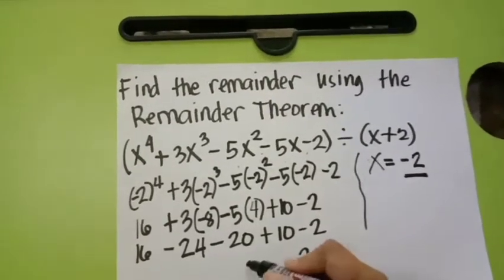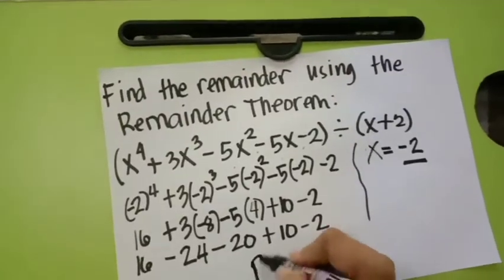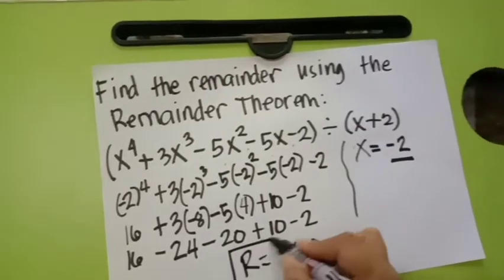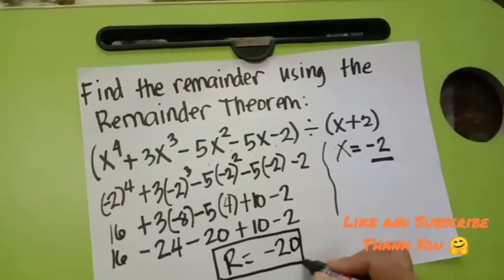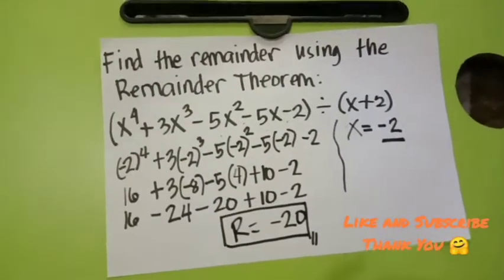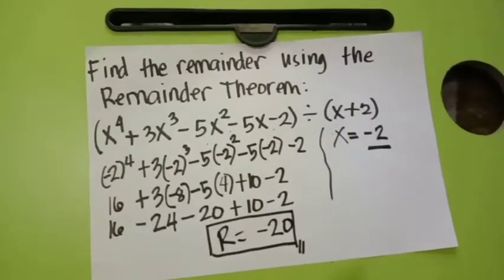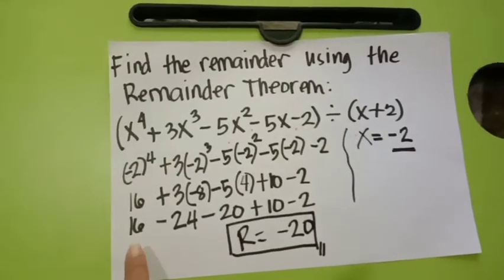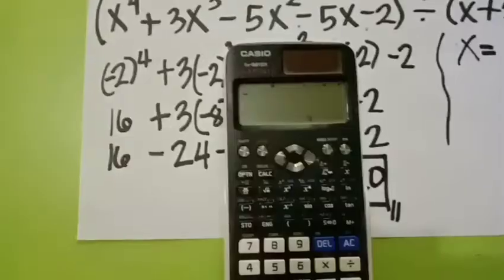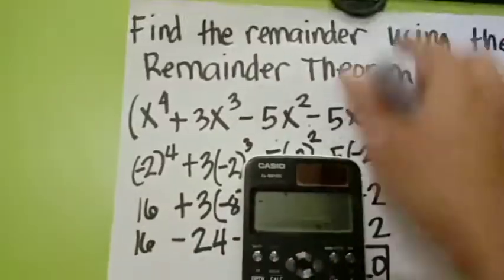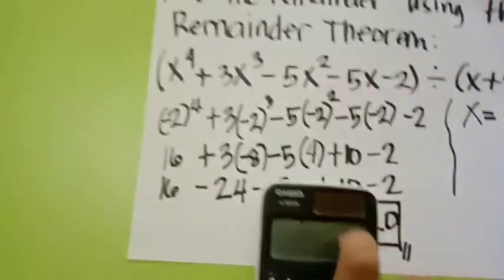So the remainder R is equal to negative 20. Kung kayo ay nalilito sa pagsasagot ng may signed numbers, again, ulitin ko, pwede kayong gumamit ng calculator. So, i-calculator nyo ito. Okay, gumamit tayo ng calculator. Check natin yung sagot natin.